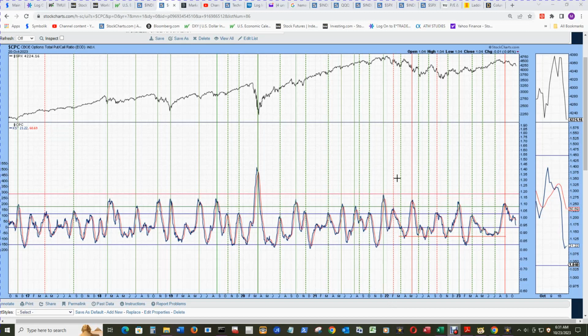You can see when there are red vertical lines that there's a peak, so there should be bullishness, and there wasn't. The S&P sank like a rock here, so that was broken, and this whole era can be directly related to the zero-day options, meaning the zero-day options became very trendy.